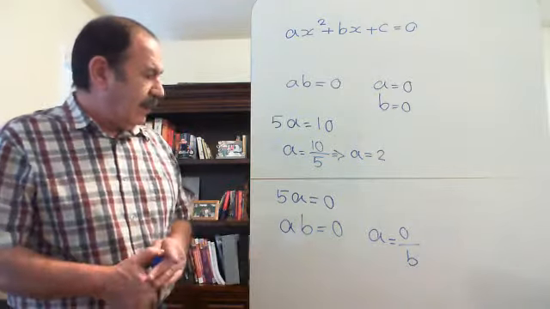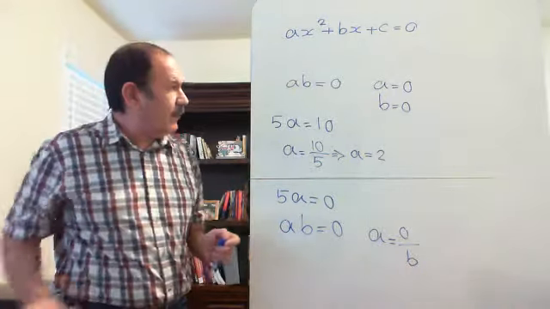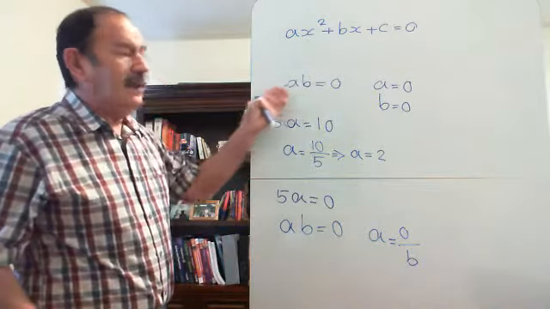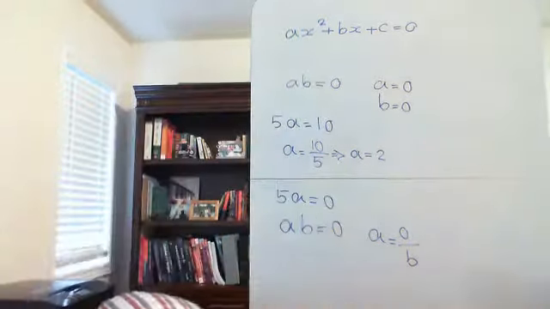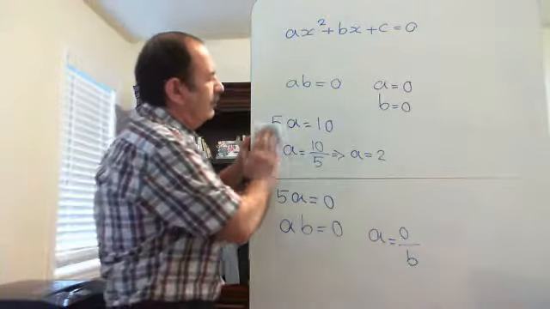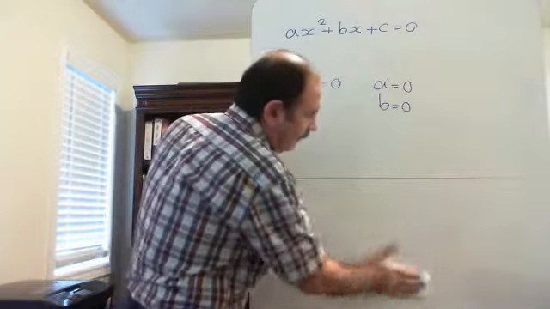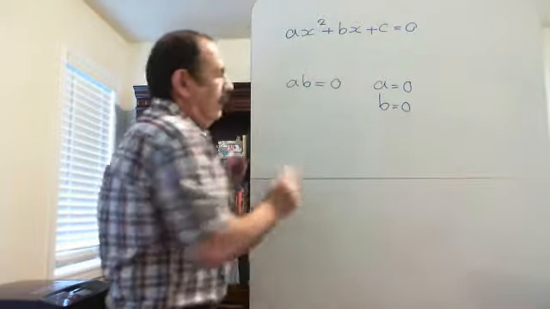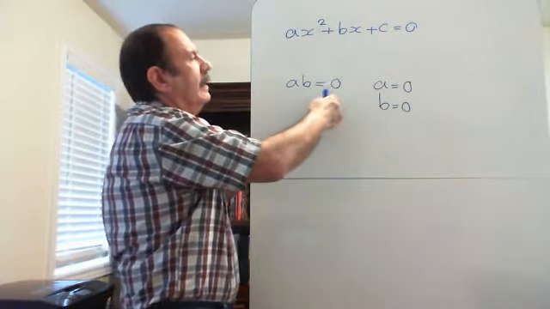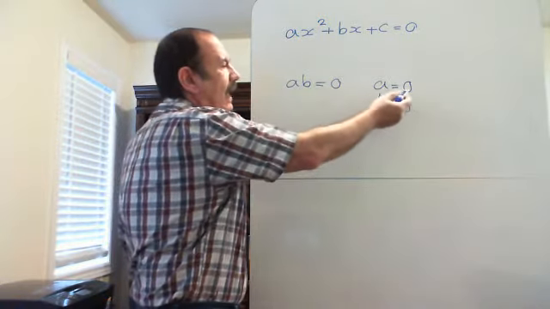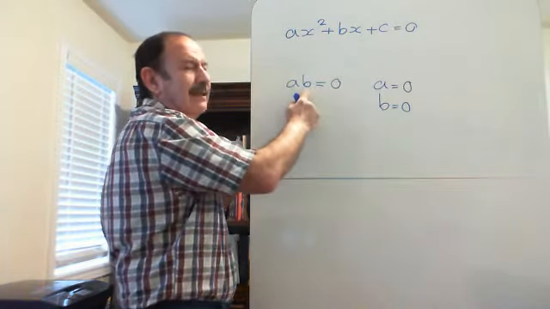We are using this rule or formula that when we have two factors or three factors equal to 0, each of the factors can be equal to 0 and is one of the possible answers. So if ab is equal to 0, then one possible answer is a equal to 0, and we don't care about the value of b, whatever it is.